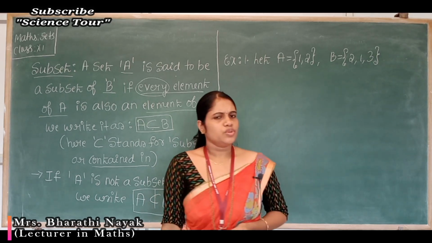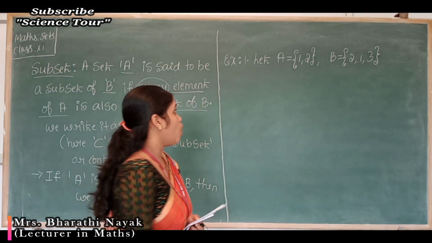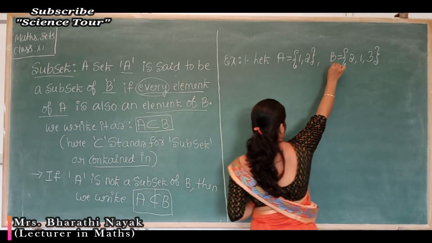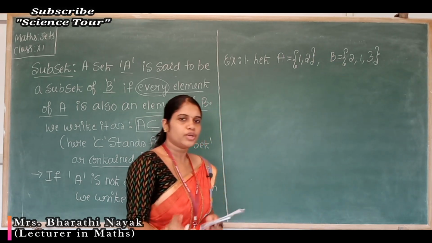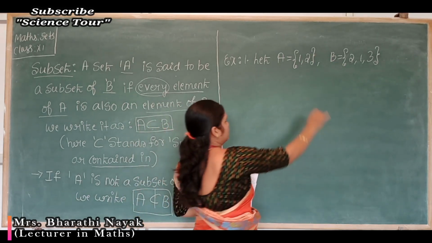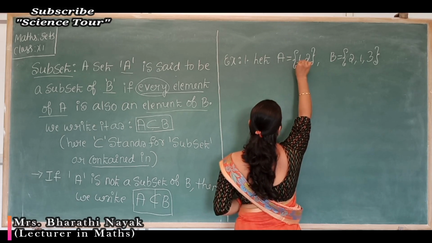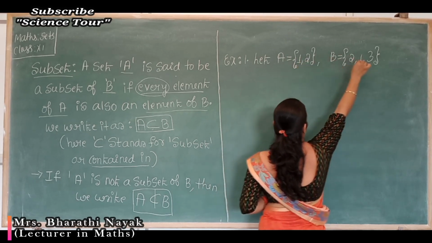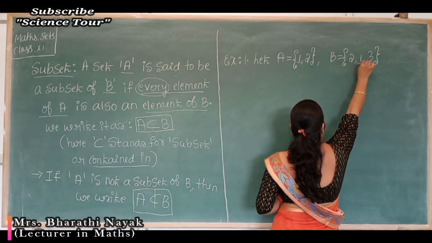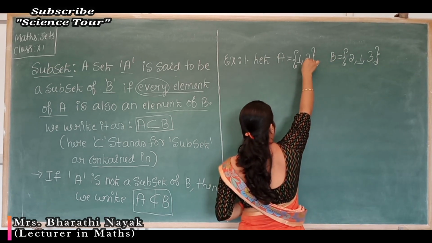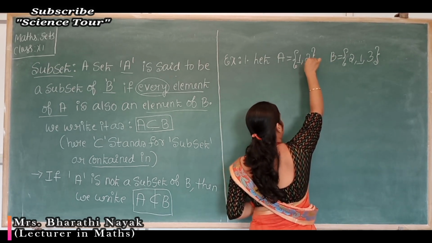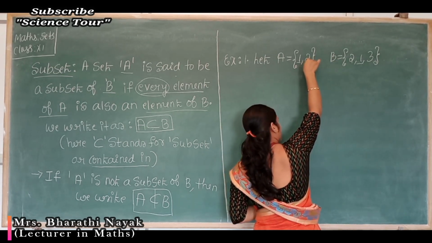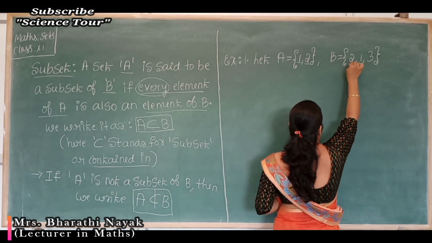Now compare the elements of set A and the elements of set B. The first element is 1. Do you have that element 1 in set B? Yes, it is there. Next element is 2. Do you have that element 2 in set B? Yes, it is there.